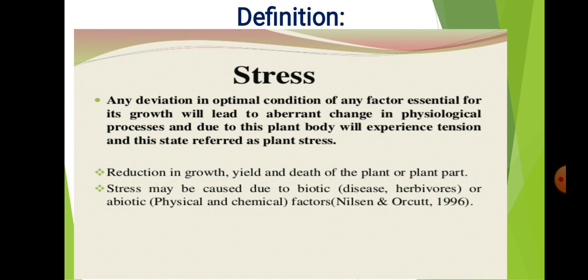When a plant feels any adverse effect on its growth and development, that means the plant is suffering from a special kind of stress. Reduction in growth, yield, and death of the plant or plant part are the symptoms of the stress which is caused to the plant.